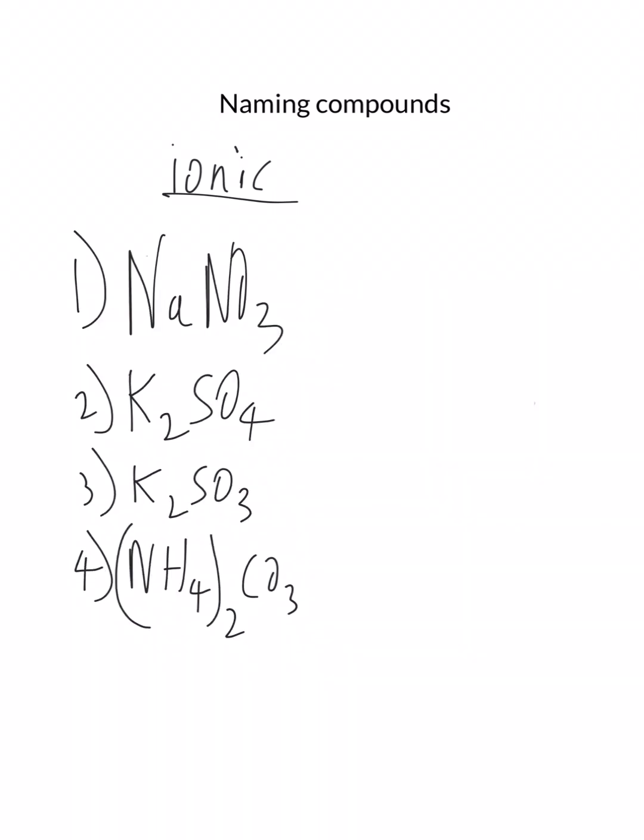Things get slightly complicated when you have a polyatomic ion, but not much more. All you've got to do is, if you've got a polyatomic ion like nitrate, NO3, sulfate, SO4, just look up their names in the valency table and use that. So for example, example number 1 is sodium. And the second bit, this part over here, is nitrate.